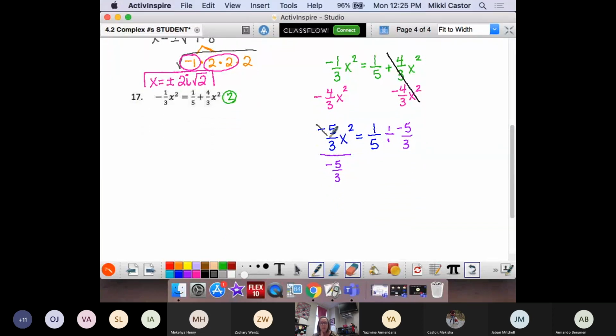So over here, the -5/3 will divide each other out, and I'm just left with x squared. Over here, if you guys will remember, when you're dividing with fractions, instead of dividing by the fraction, you're going to multiply by its reciprocal. So keep the first fraction the same, change it to multiplication, flip the second fraction over.